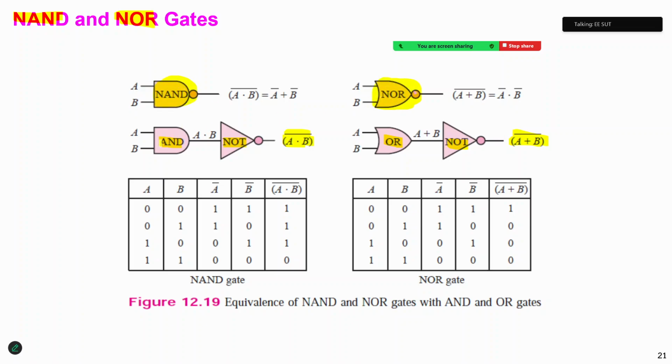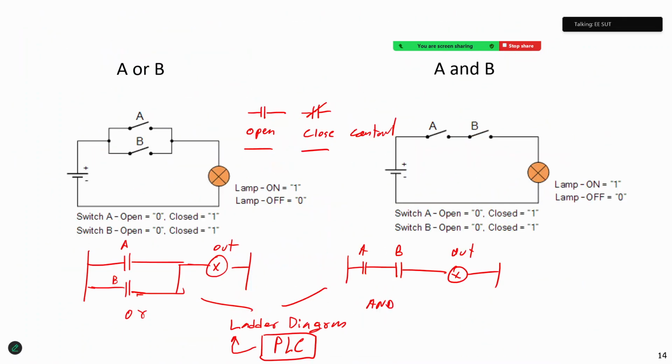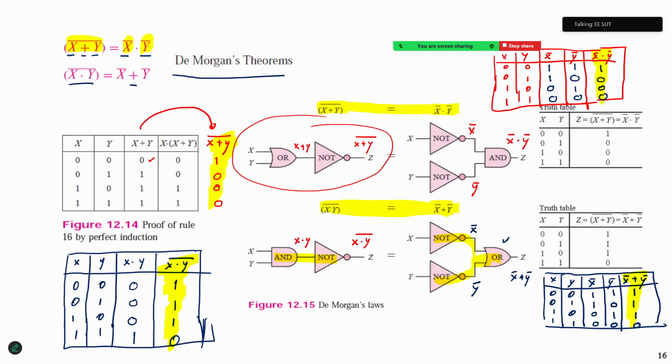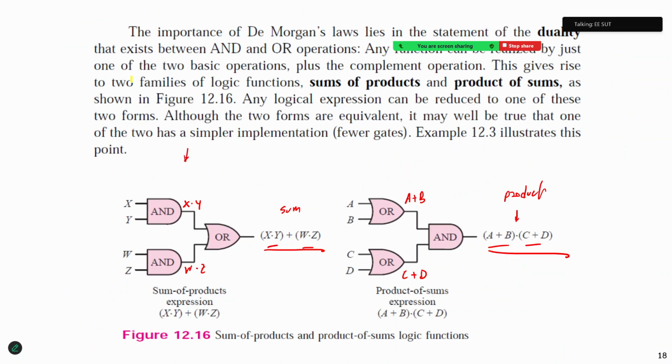It's equal to AND and then NOT, inverting the output, right? A and B, and we invert the output. And we also know that (A and B) inverse is equal to A inverse plus B inverse, right? With this theorem, De Morgan's theorem, you know. Here.